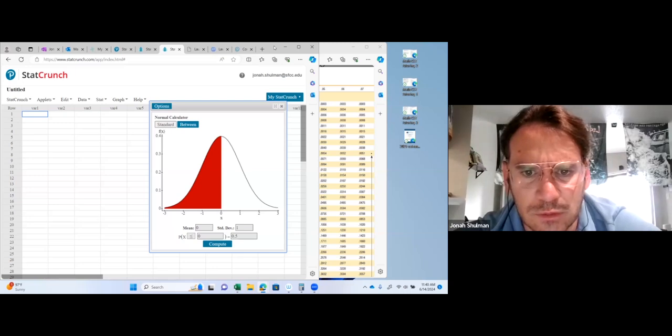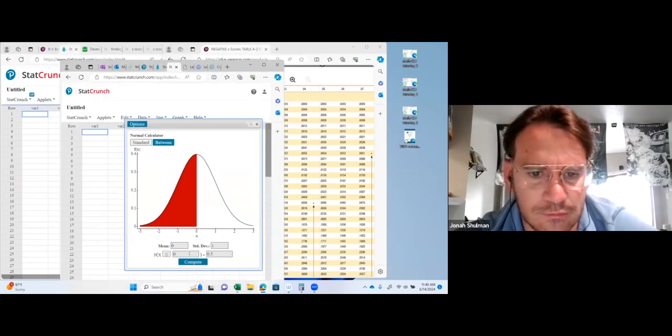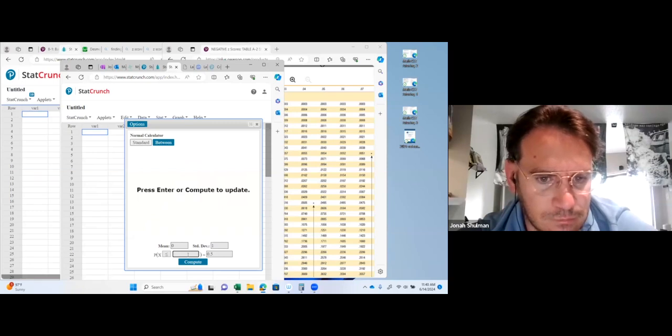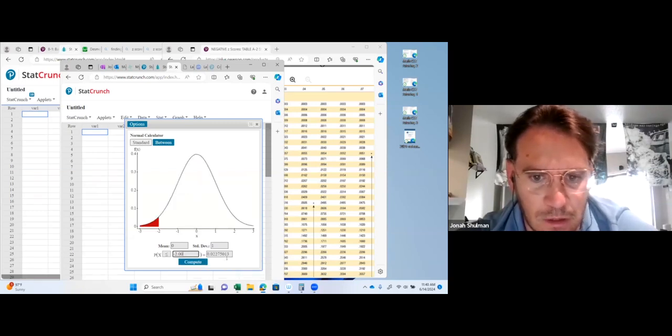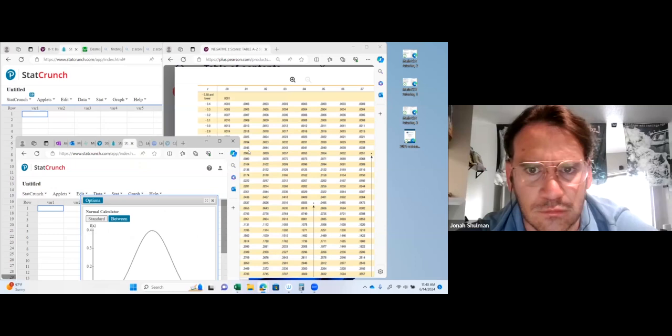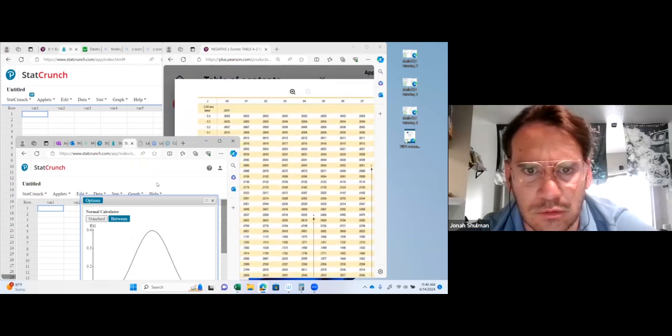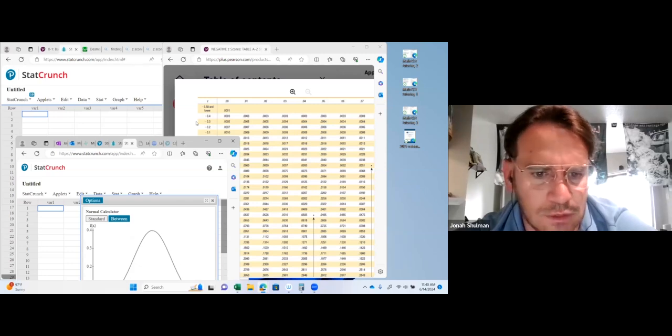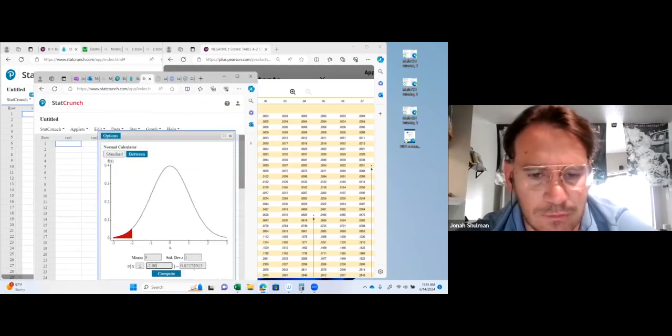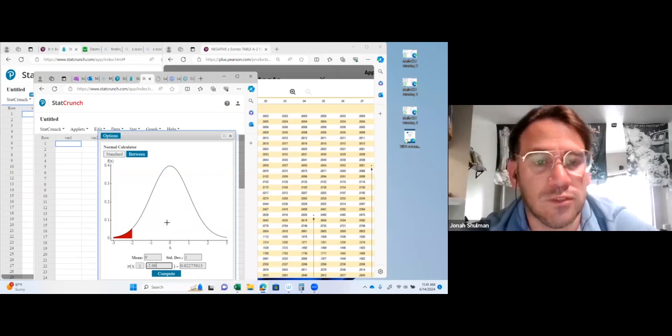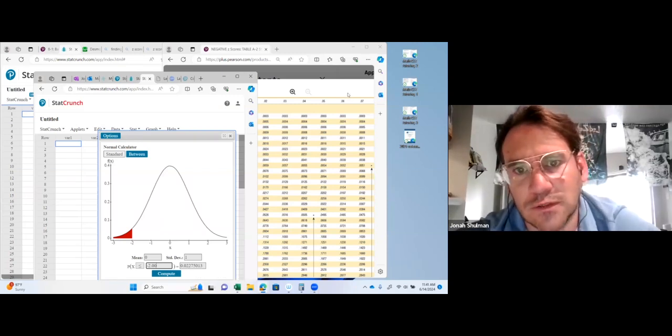Negative 2.00 should be 0.0228. We think negative 2.00 should be 0.0228, and we got 0.02275, so 0.0228. So you can just use this if you hate the table. It's up to you.